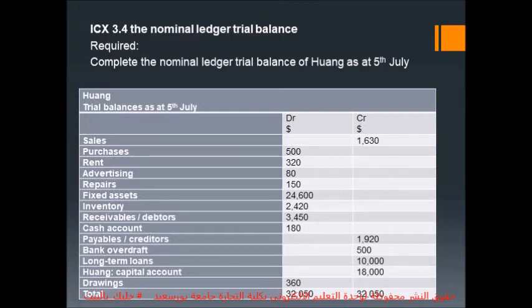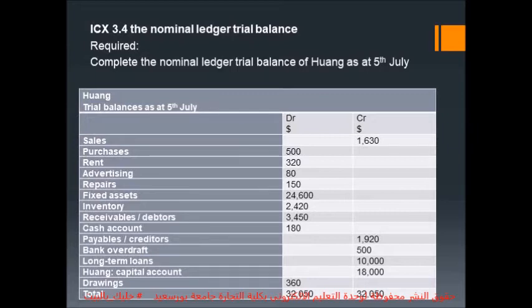This will mean that if all nominal ledger accounts are balanced off and their balances carried down, the sum of all debit balances brought down will be equal to the sum of all credit balances brought down. So when we prepare the nominal ledger trial balance, we put the debit side and credit side, and they must be equal.